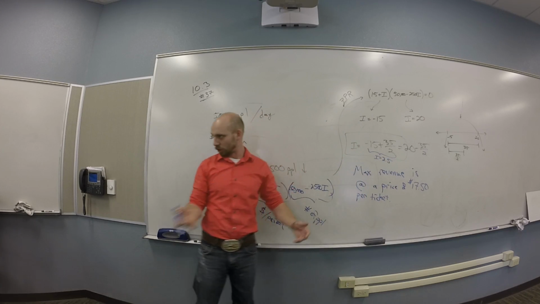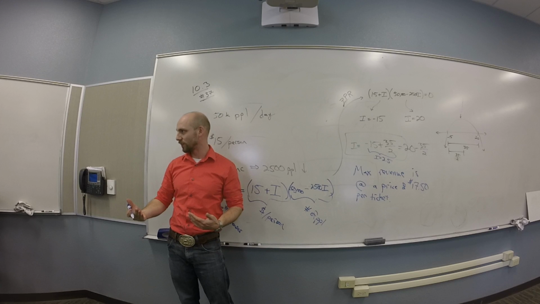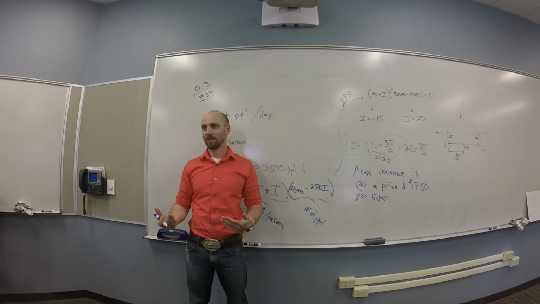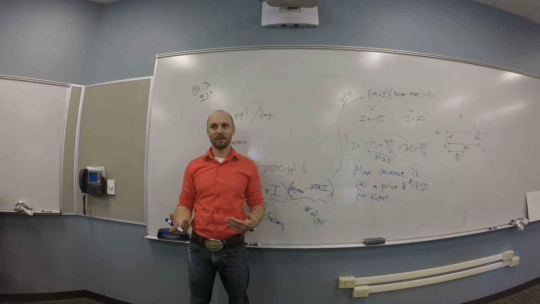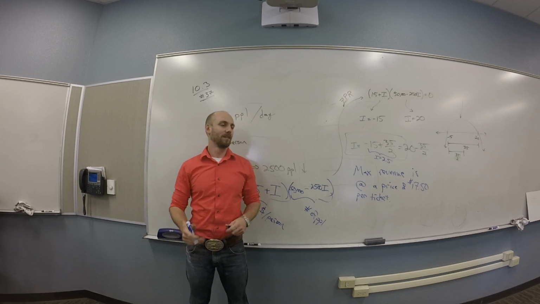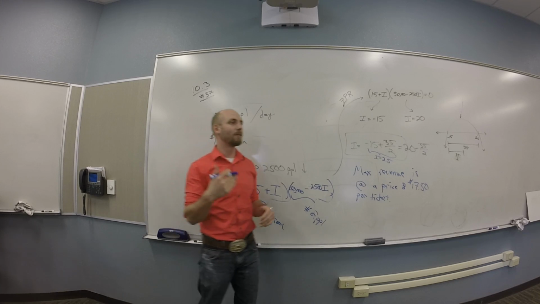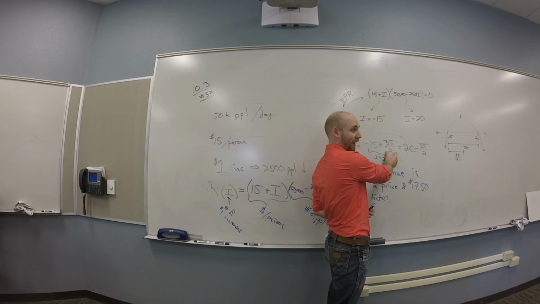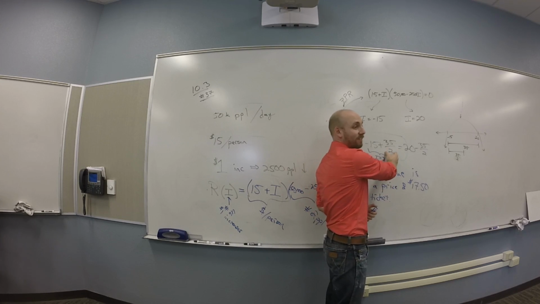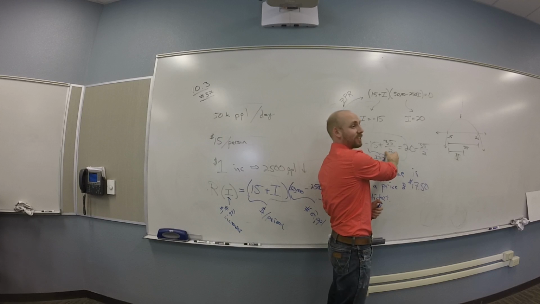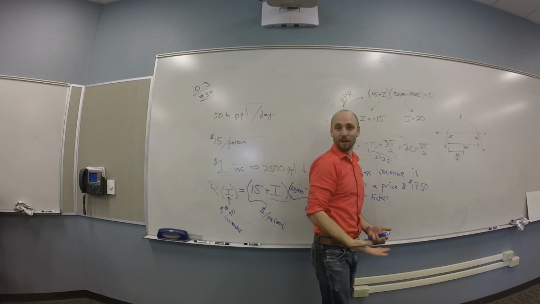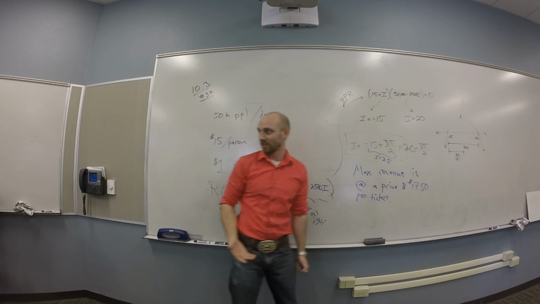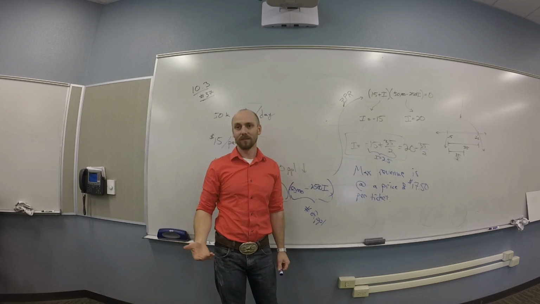Some of you jumped to a ticket price of 17 and a half. That's the number of $1 increases, and really the 17 and a half is right here, because it's 17 and a half $1 increases from making it free. So it's a ticket price of 17 and a half dollars. Does that make sense?